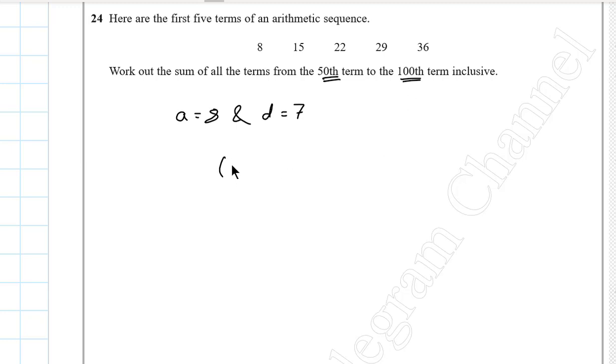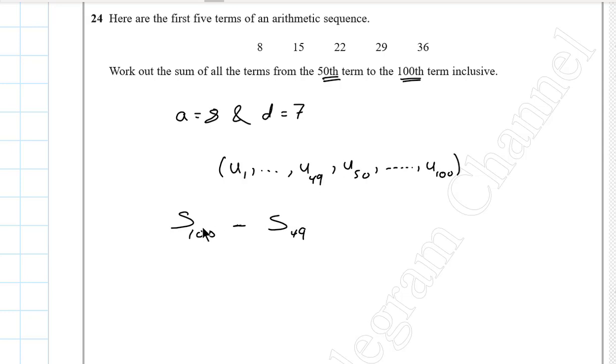So we can divide the sequence into u1 till u49, and then from u50 to u100. I will get S100, the sum of the first 100 terms, minus S49, the sum of the first 49 terms, to get the 15th till the 100th.